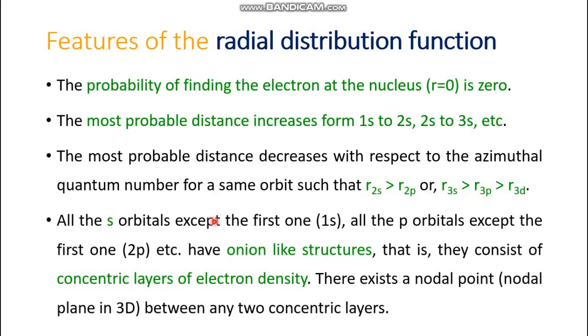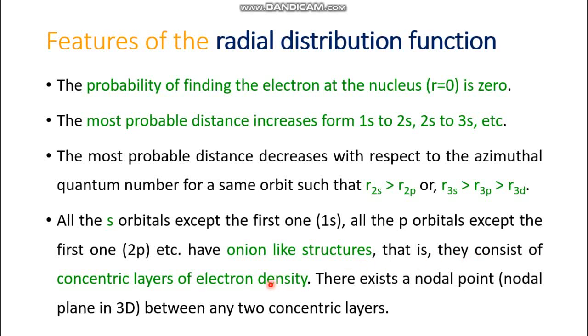And finally, all the s orbitals except the first one, that is 1s, all the p orbitals except the first one, that is 2p, and all the d orbitals except the first one, that is 3d, similarly 4f, do not have any node, but all other orbitals have onion-like structures, that is, they have layers.